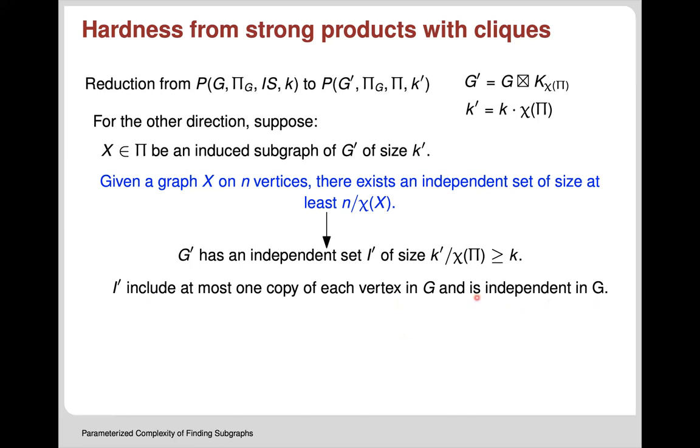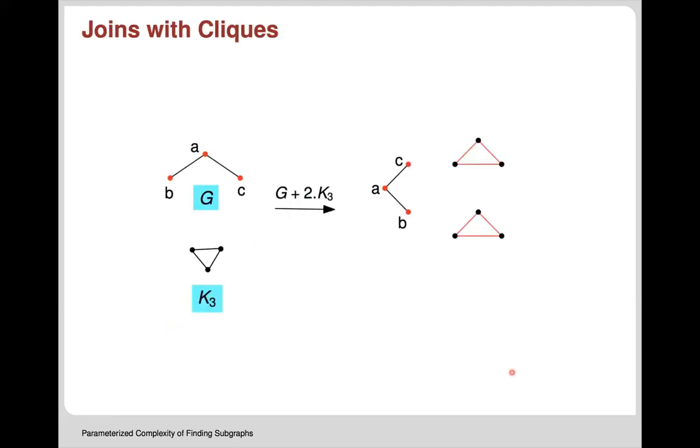So the set corresponding to I prime in G is independent and has size at least k. So we get that G has an independent set of size at least k. So that proves our theorem.